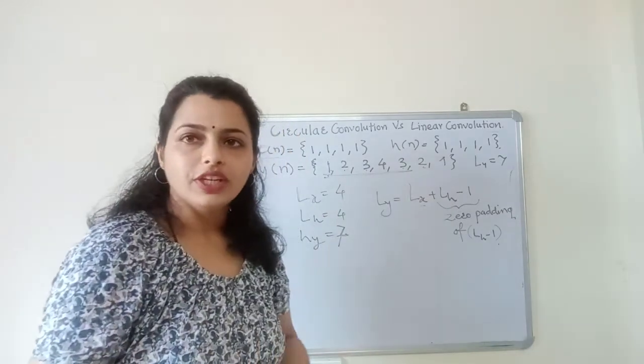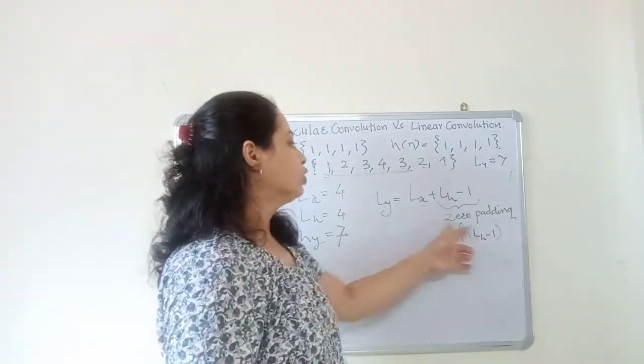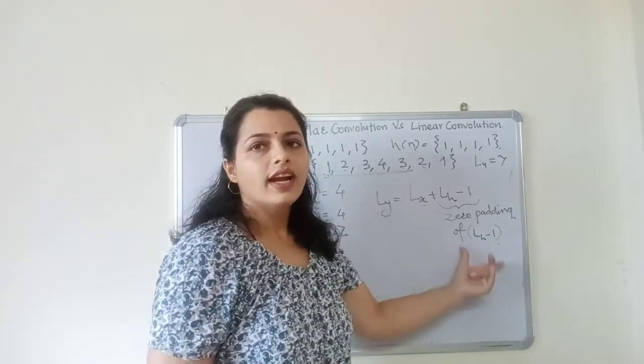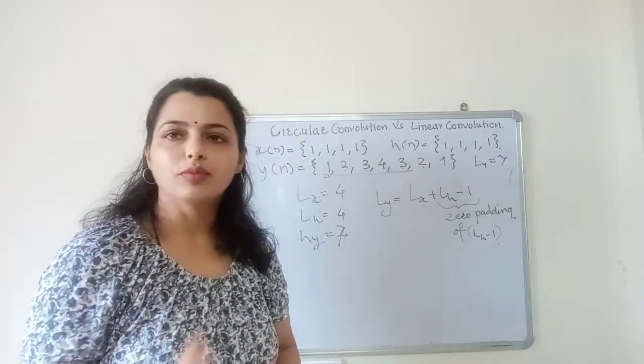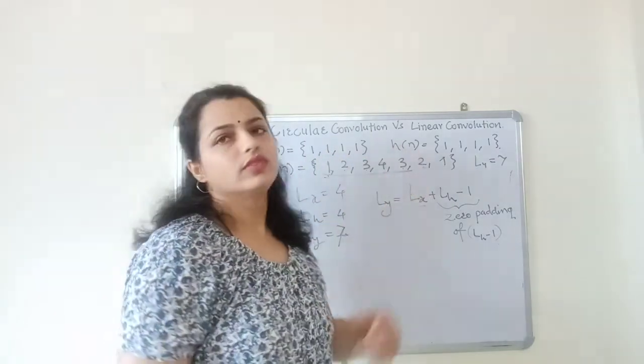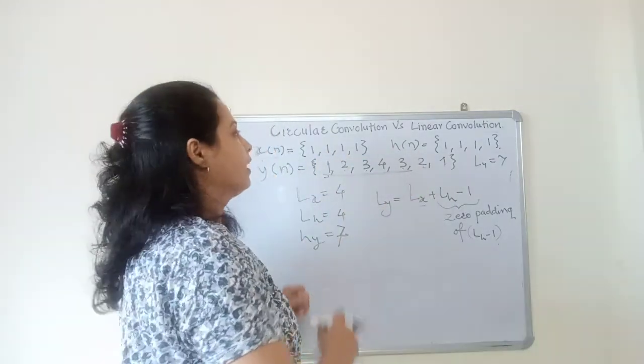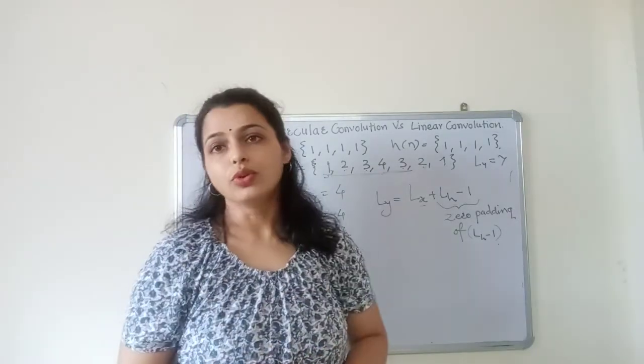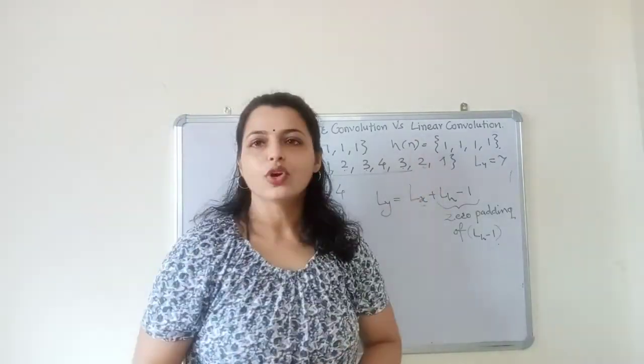So you have to change the length, you have to pad zeros. How many zeros? The shorter sequence minus 1. That number of zeros are required to be padded into both of the sequences, make their lengths equal, and then find the circular convolution, and that output will be equivalent to linear convolution.